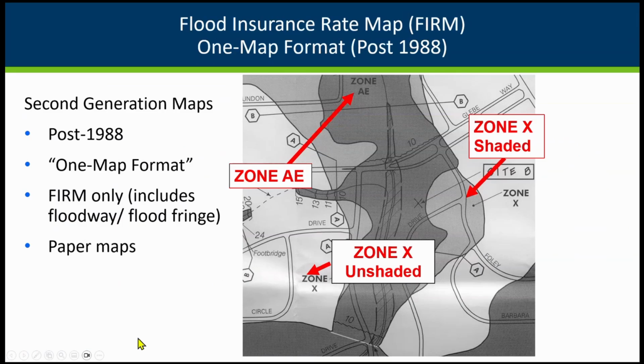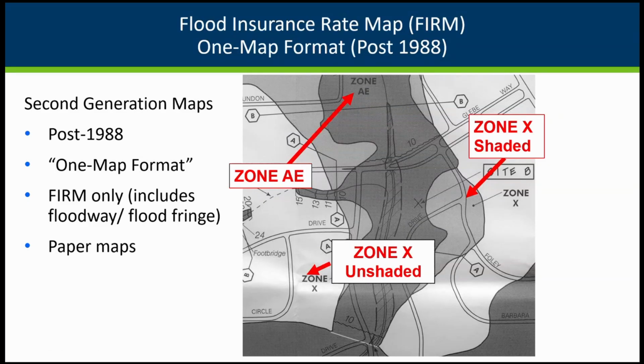But then we went into the late 80s and beyond. And again, they realized that it didn't make a lot of sense to have that information on two different maps. So they put it all on one map. The floodway is now shown with the hatching here, so that people don't throw out one of the maps by mistake. And they did change the terminology. They still were calling the detailed study area the zone A, but they just put an E, that it's got a detailed study.